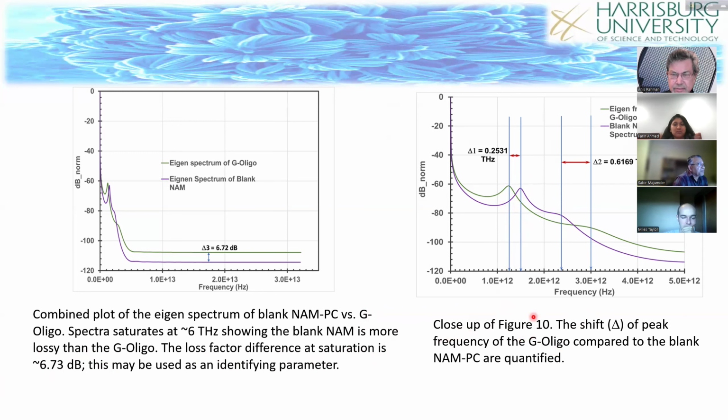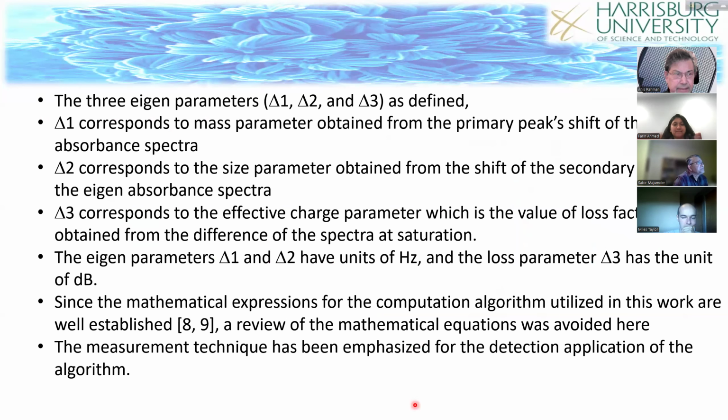Once these three factors are known, we apply them in the following way, formulating a criteria for identification. The three eigenparameters, delta 1, delta 2, and delta 3, are defined and measured, where delta 1 corresponds to the mass parameter of the species adsorbed on the sensor, delta 2 corresponds to the size parameter, and delta 3 corresponds to the effective charge parameter, which is causing the loss.